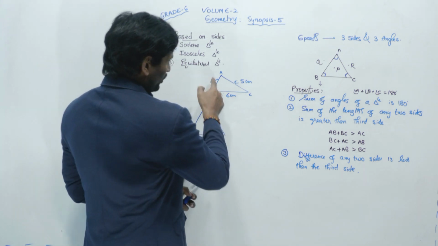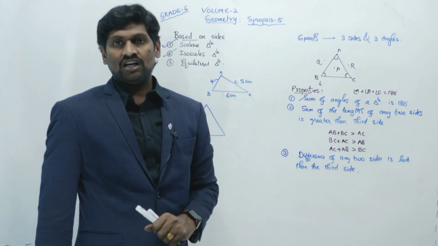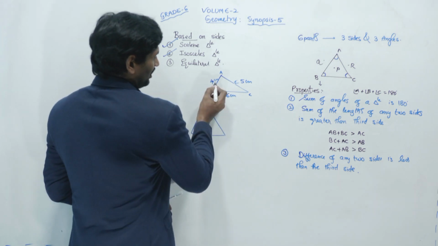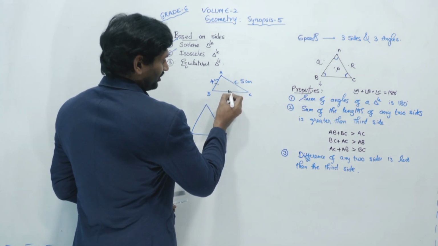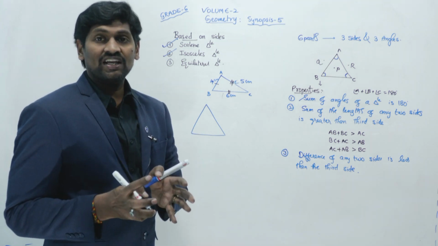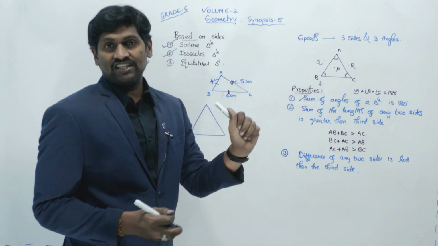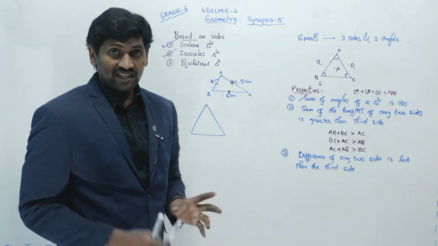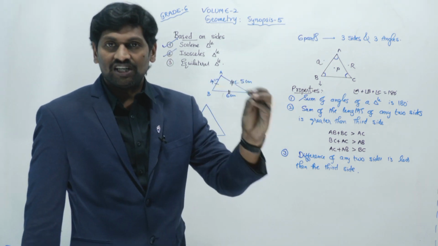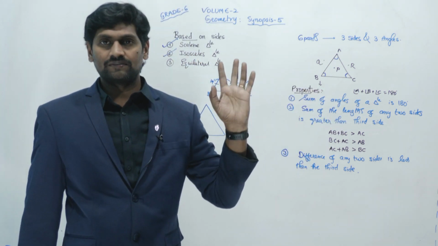Now here, by using the measurement, we can say that all the sides are of different length. But in symbols also we can represent it by taking one line segment, two line segments, three line segments. That means if you observe a triangle with three different types of symbols like this, we have to understand that the lengths of the sides are different.